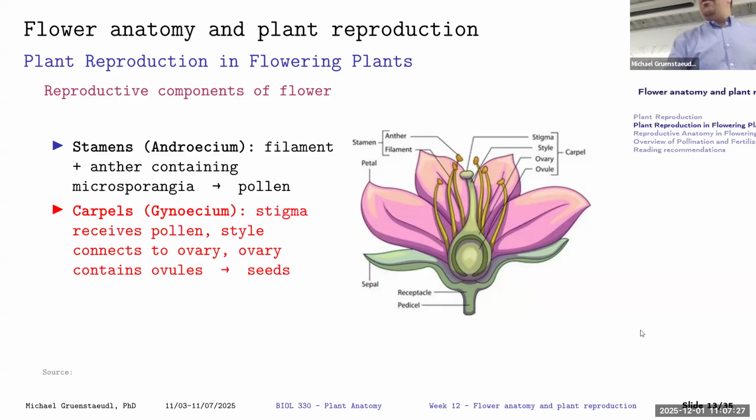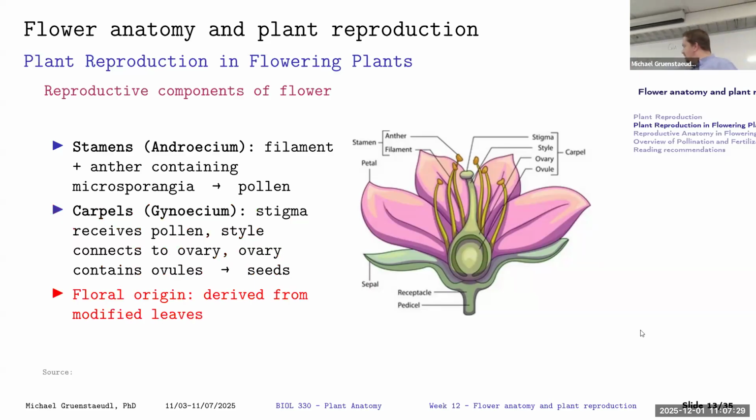And it is that ovary part that will become fleshy in most fruits and that we eat as fruits. So this part here is what, say, 60% of human nutrition is all about.